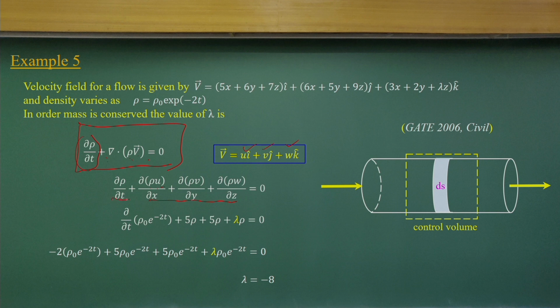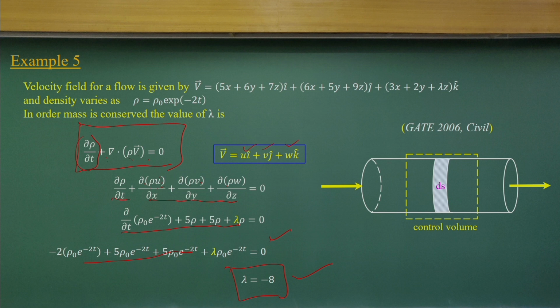Now, I am just substituting the density into rho u, rho v, rho w in these equations. Finally, I get this relationship, and this relationship gives me the lambda value, which is equal to -8. So, this is how the problem is solved.